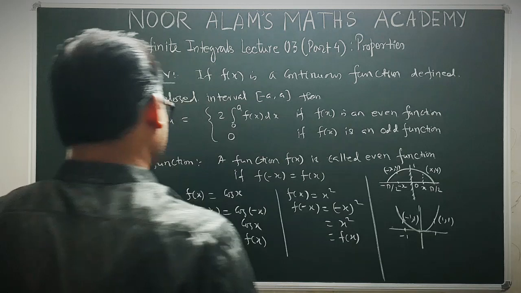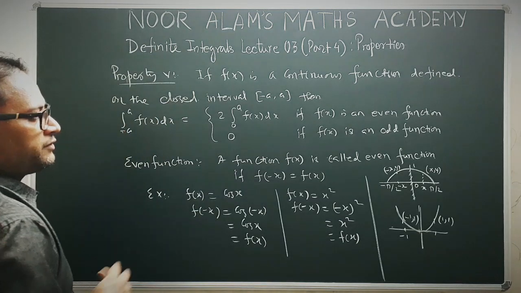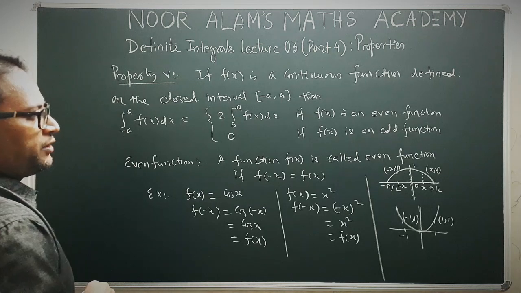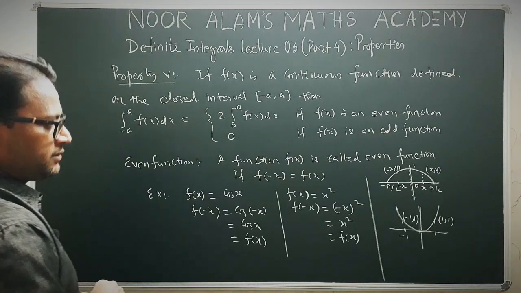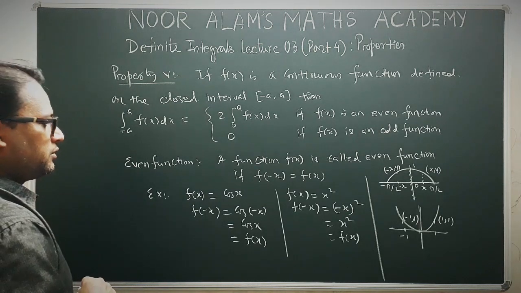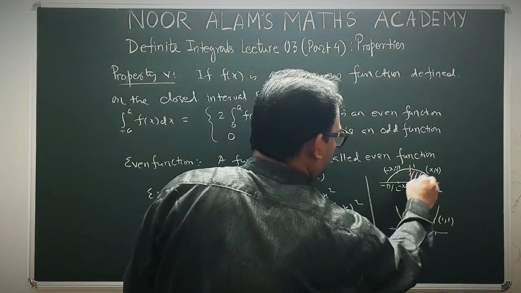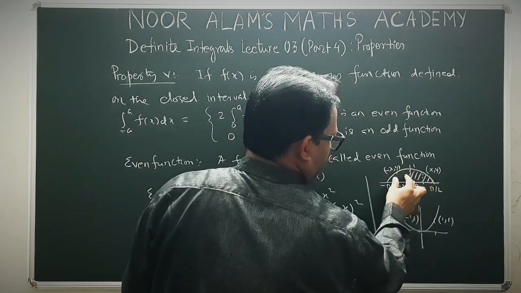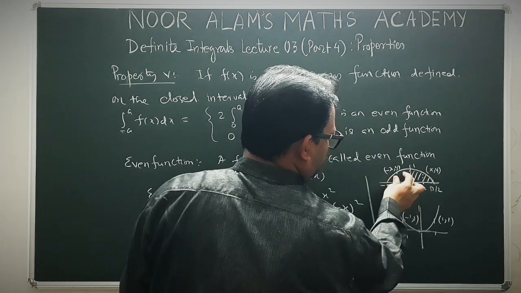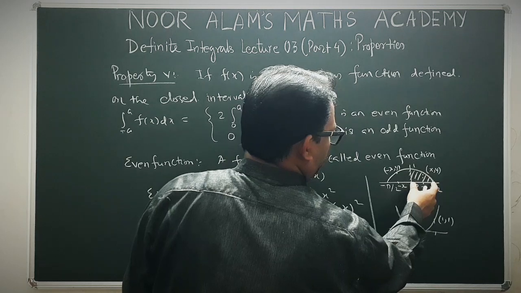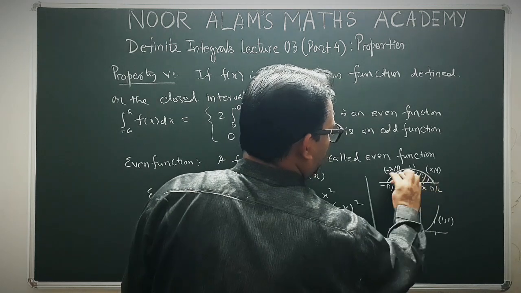So this is the nature of an even function. If any point (x, y) is on the curve, then (-x, y) is also on the curve. If you know the value of this part, then this part has the same value. If you calculate the area of this part, this area is also the same. So by calculating the area from here to here and multiplying by 2, you get the whole area.